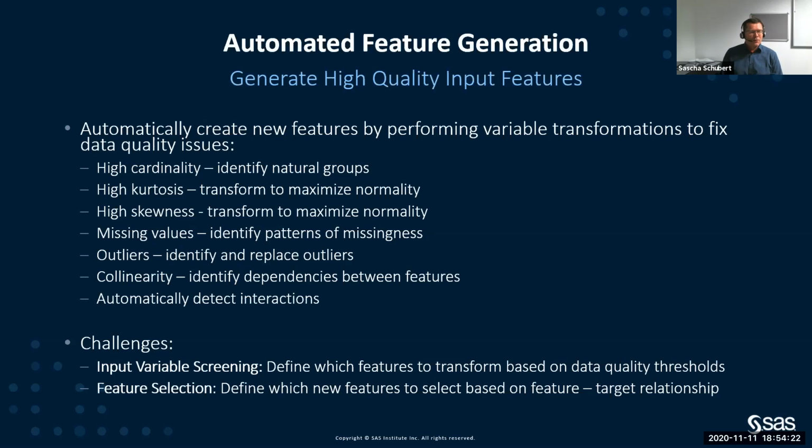So if you have levels 1 to 20, I might go from 1 to 5, and I might go from 6 to 8, and so on. And that's a traditional way, but you could also look at the relationship of each level to the target and identify groups or levels that have very similar relationships, and then group those rather than going by artificially introduced boundaries in your data.